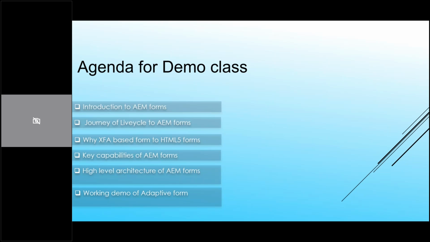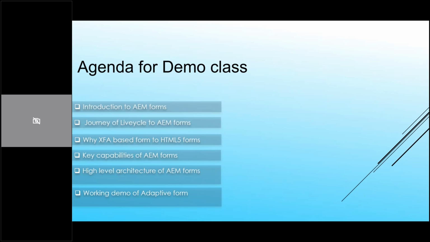So the agenda for today is the introduction to AEM Forms, where we'll look at the journey from LiveCycle to AEM Forms. This is very important because a lot of designing around the solution would be based on what kind of assets and components the existing customer would be having.